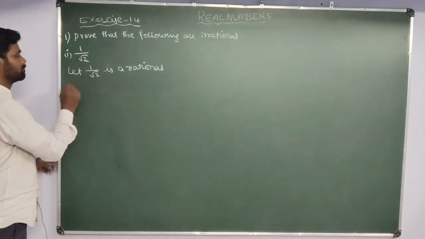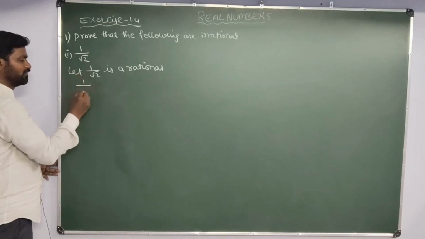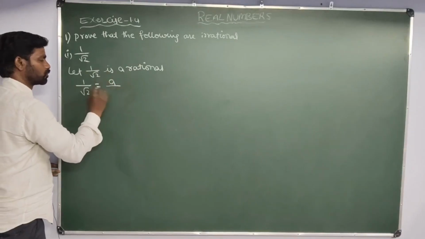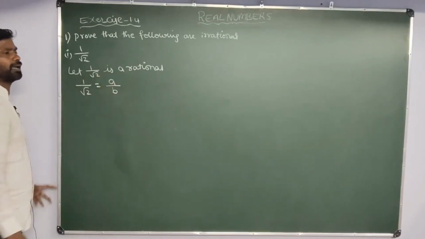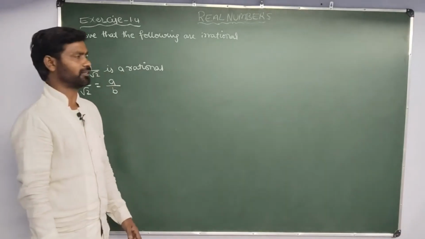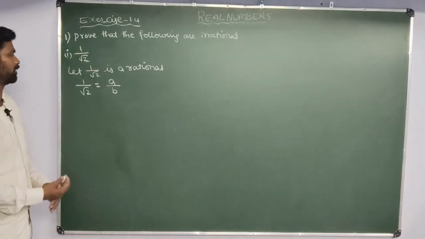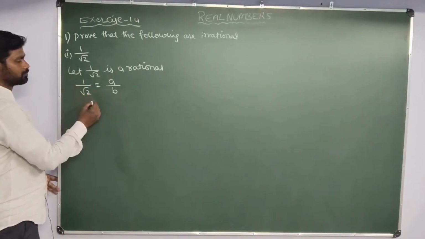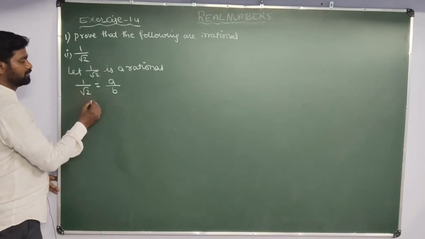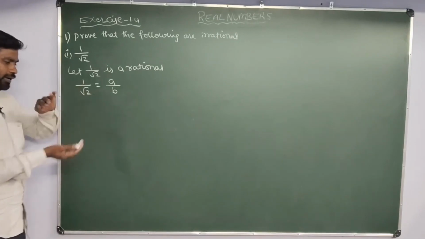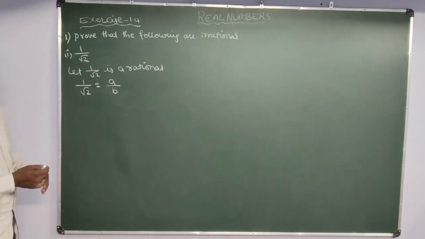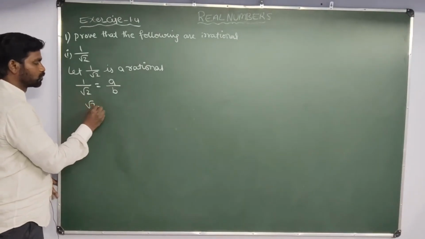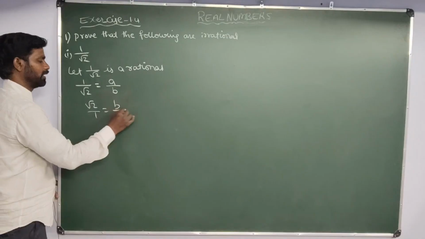As we know, according to the definition of rational, we can write 1 by root 2 is equal to a by b. Rational numbers are represented in the form of a by b or p by q. Next, if we replace the numerator by the denominator and the denominator by the numerator, we get root 2 by 1 is equal to b by a.